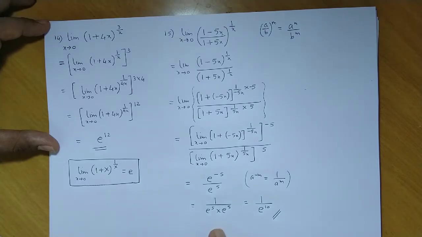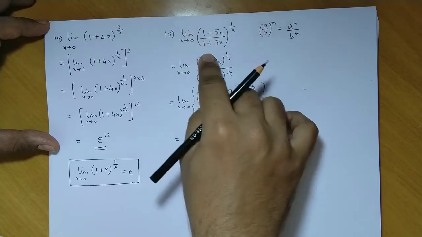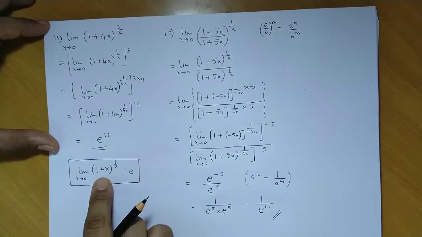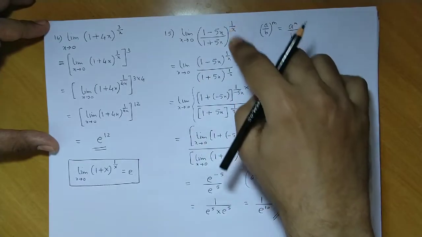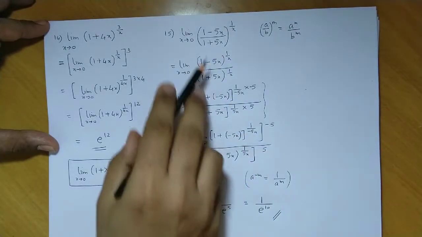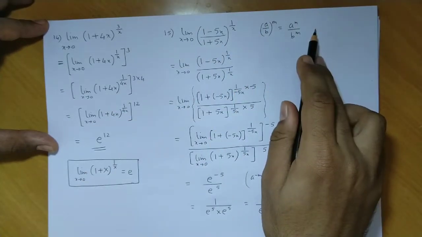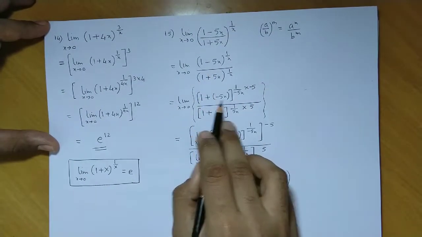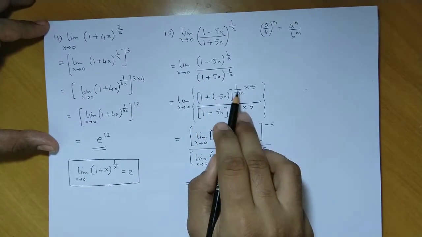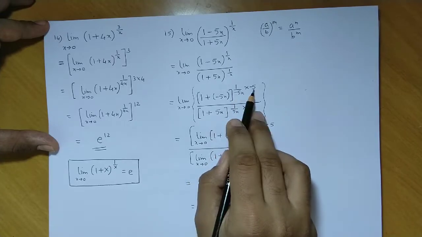So here basically you have two limits hidden in the same single limit. The same form appears in the numerator as well as the denominator. So first we separate the two functions, the numerator and the denominator, using this law of indices. Then we try and adjust the index. Here we have minus 5x, so we try and obtain 1 upon minus 5x by multiplying and dividing by minus 5.